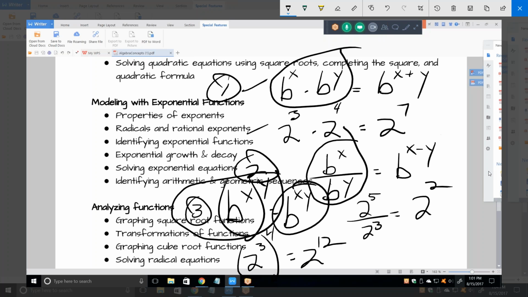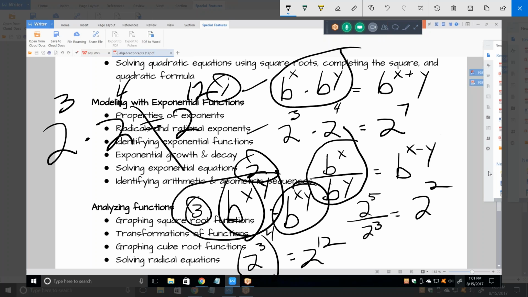And that's the way you remember these. In other words, you're never doing to the exponents what you're doing to the base. If you're multiplying the base, then you are never multiplying the exponents. Never make this mistake. 2 to the third times 2 to the fourth equals 2 to the 12th. That is not true. In other words, I am multiplying the base.